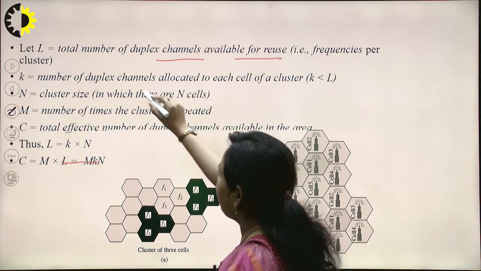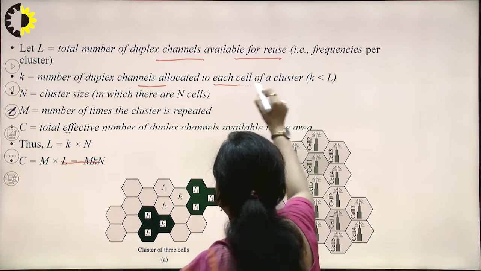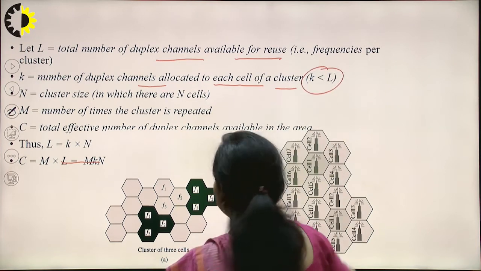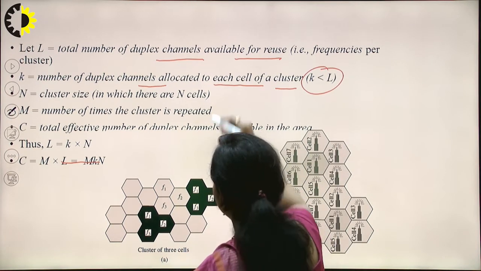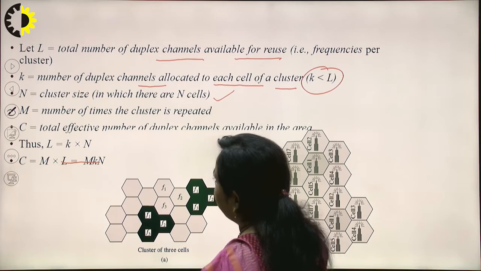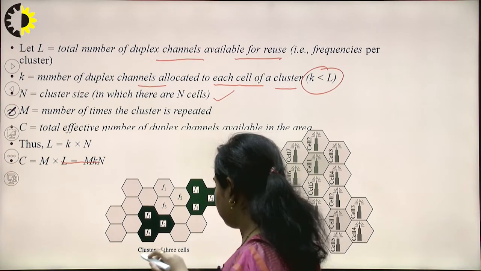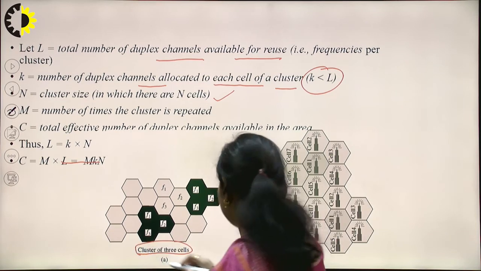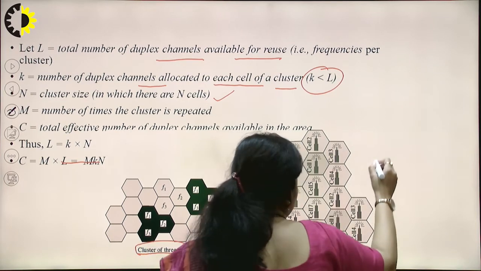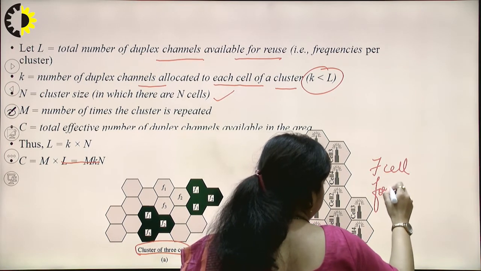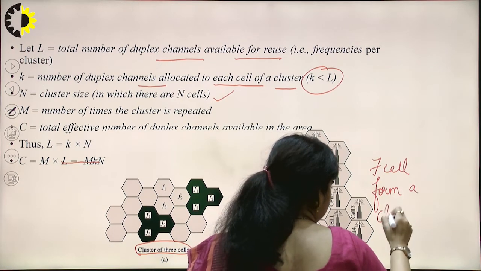Then K is the number of duplex channels allocated to each cell of a cluster, that is denoted by K is less than L. N is the cluster size, which means how many cells are there in a particular cluster. Like this is a concept of 3 cells in a particular cluster, and this is for 7 cells forming a cluster.